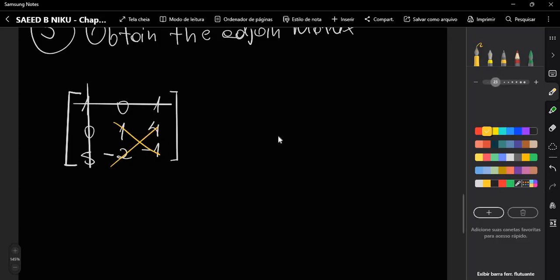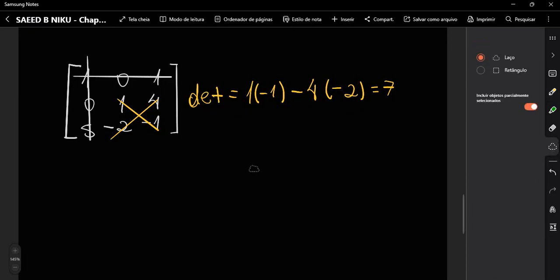We are left with a 2 by 2 matrix, and the determinant of this entry, this term, this element, is going to be 1 times minus 1 minus 4 times minus 2, which is equal to 7. And we have to repeat this procedure.